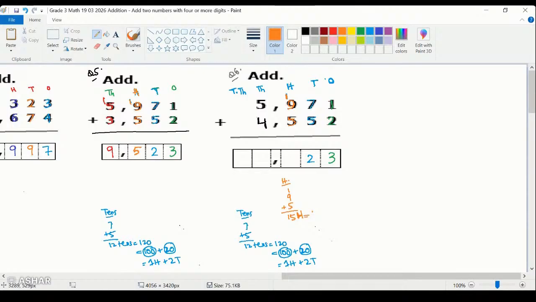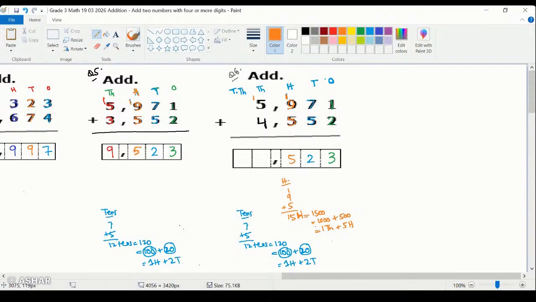That means 15 hundreds can be written as 1000 plus 500. That means we have 1,500s. So we can write 5 in the hundreds and we carry the 1 to the thousands.